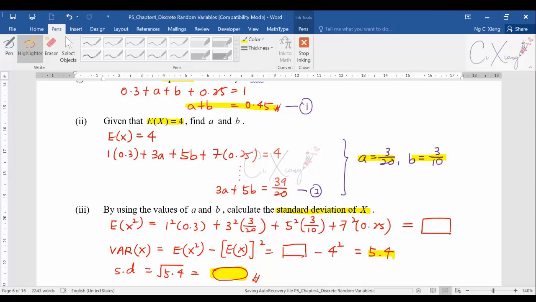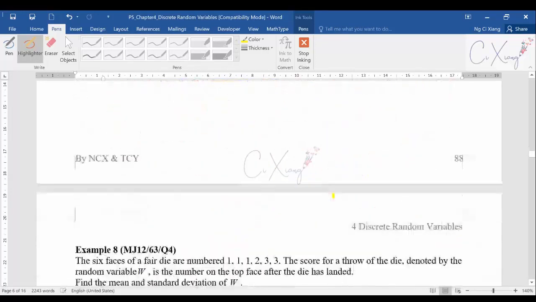Okay, so I need some time, my file is loading. Alright, so now let's have a look at example 8.